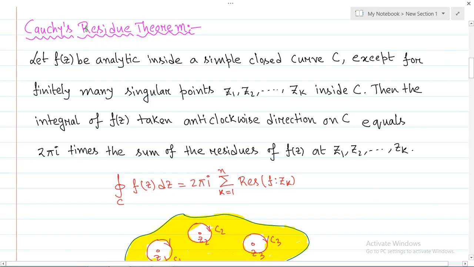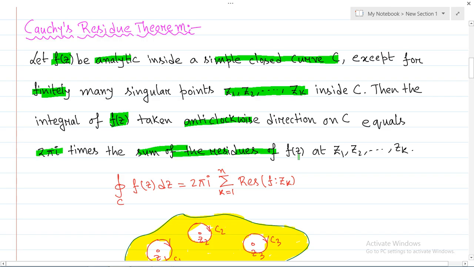Cauchy's residue theorem says that suppose f of z is analytic inside a simple closed curve C, except for finitely many singular points z1, z2, zk inside the closed curve C. Then the integral of f of z, taken in the anti-clockwise direction of C, equals 2 pi i times the sum of all the residues of f of z at the points z1, z2, zk.